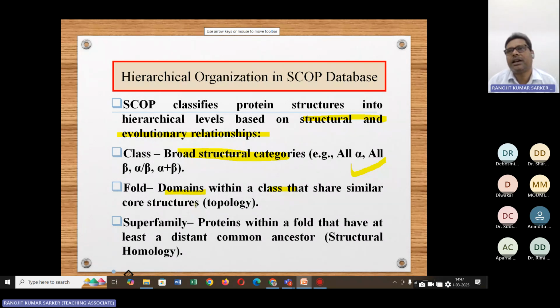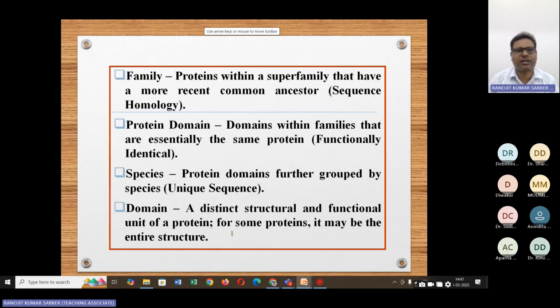Topology is nothing but the geometry of connectivity of the protein, and this geometry plays a pivotal role in function determination. In a superfamily, you will see that there will be many such folds, and they will have distant common ancestors and structural homologs.